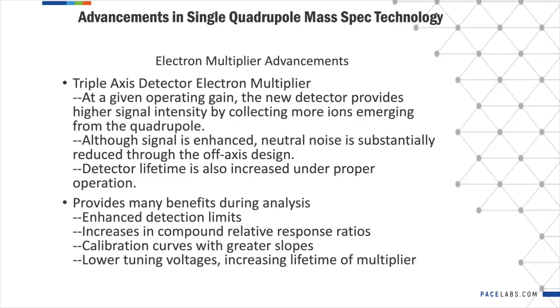Detector lifetime is also increased under proper operating conditions. This provides many benefits during sample analysis, including enhanced detection limits, increases in compound relative response ratios, calibration curves with greater slopes, and lower tuning voltages, increasing the lifetime of the multiplier.